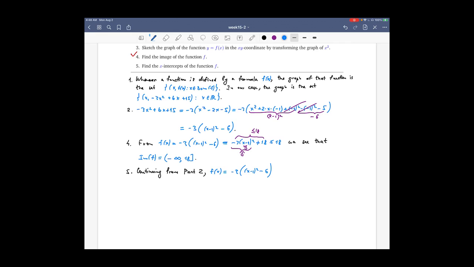And I can write this expression in parentheses as x minus 1 squared minus root 6 squared. And now use the formula for the difference of squares: u squared minus v squared equals u minus v times u plus v. So this factors as x minus 1 minus root 6 times x minus 1 plus root 6.